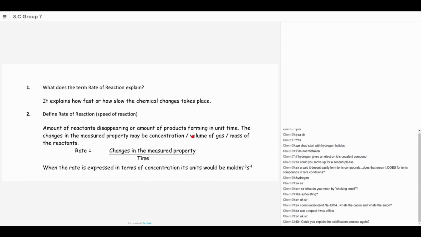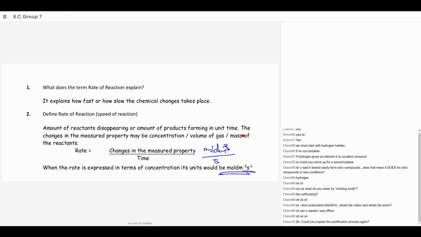If you express the rate in terms of concentration, then we know the concentration unit is moles per decimeter cube, and the time is measured in seconds.